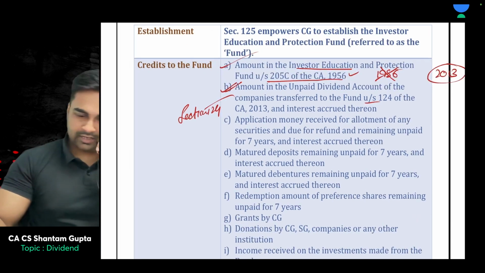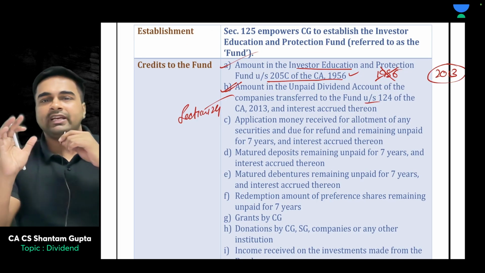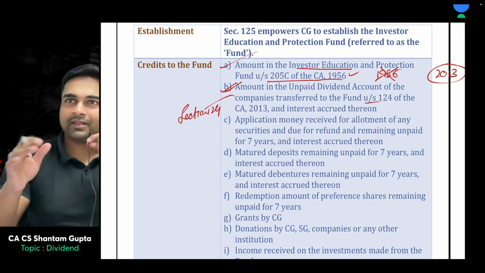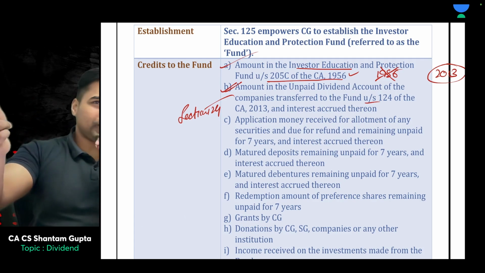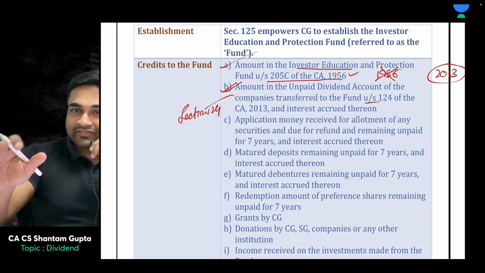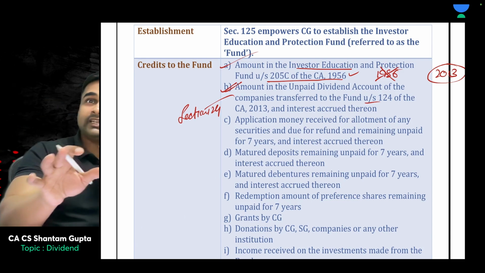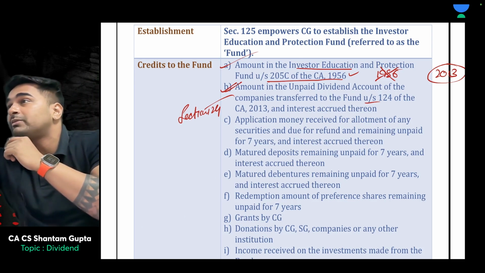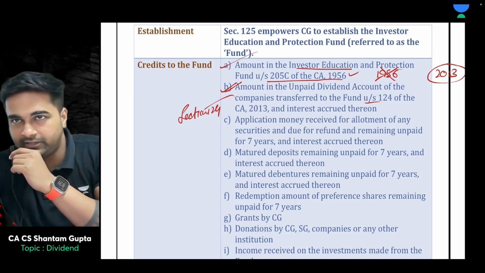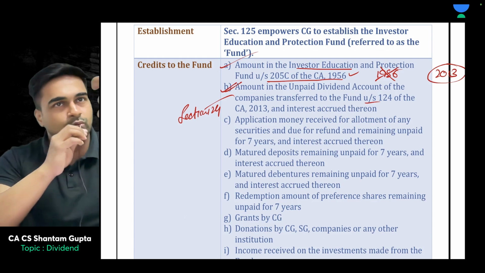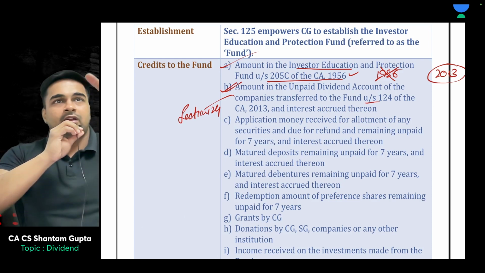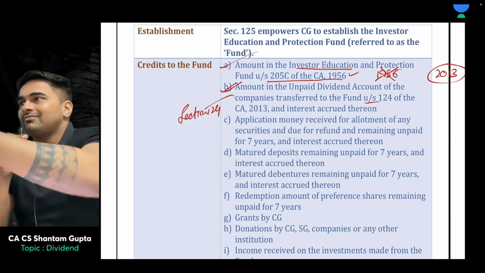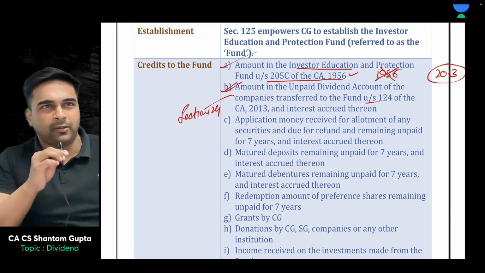Same thing. Next, application money which you have received for allotment of any security and it is due for refund. If that refund is not made and it is unpaid for 7 years, it will be transferred to IEPF. Guys, please don't mistake. Wait. I took the money and the money is in a separate bank account. When you take money on application, you keep it in a separate bank account.